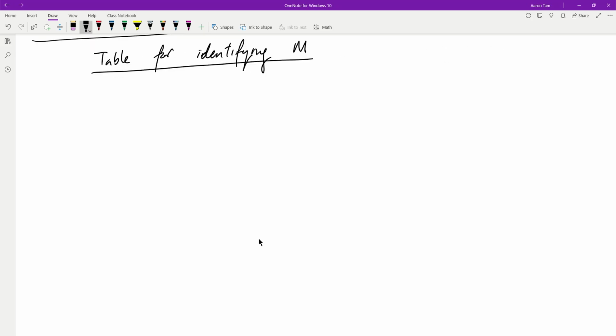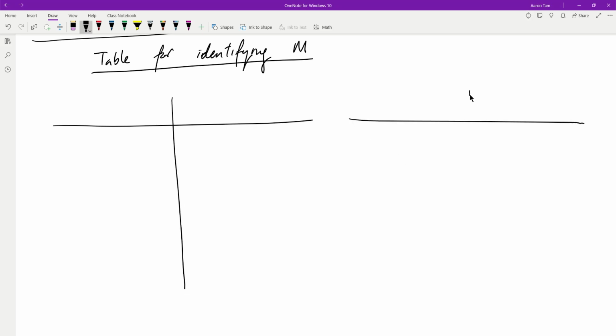I'll put two of them side by side. One column is f, the other one is M. So if you have f of x, then you would be able to identify the proper linear operator that would get rid of it or turn it into a homogeneous equation.